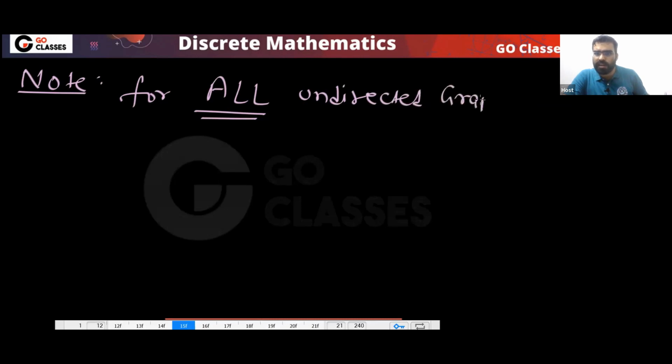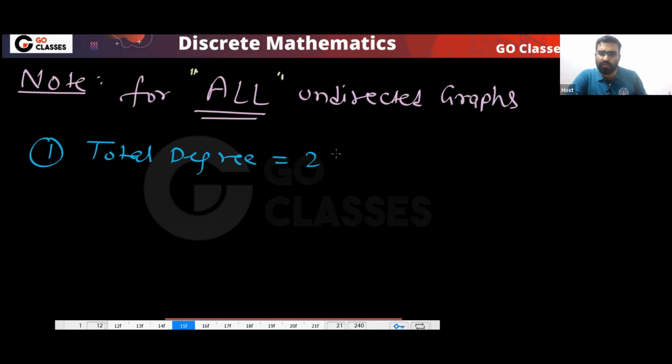First, the total degree will always be even, because the total degree is always equal to twice the number of edges. For all graphs, whatever graph you take, the number of odd degree vertices will always be even.